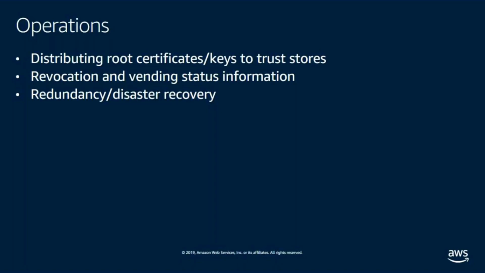And then finally, redundancy and disaster recovery. You want to think about what happens in your environment if your issuing CA is not available. If your environment is going to stop, you want to think about having more than one issuing CA that's accessible. ACM Private CA has an SLA of 99.9%, but you still want to think about the implications if it isn't available at the moment that you need it.